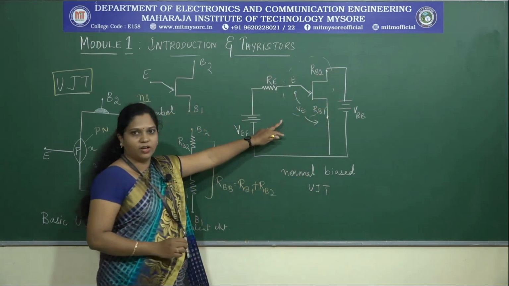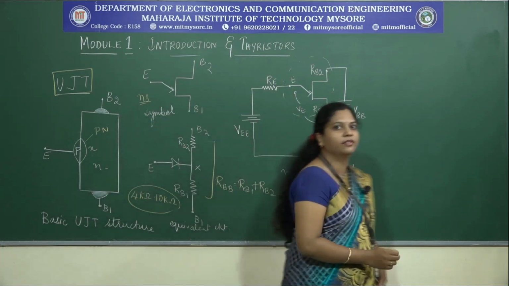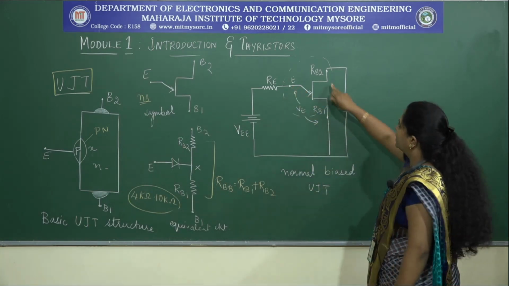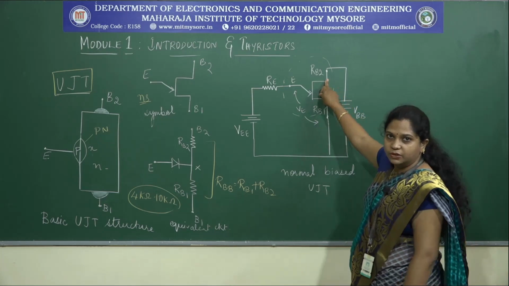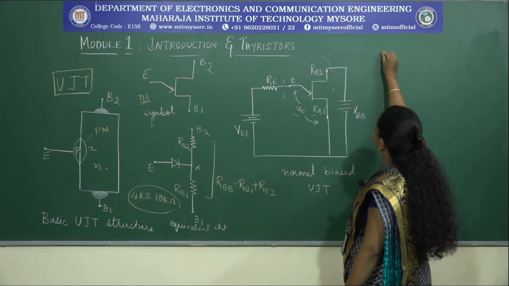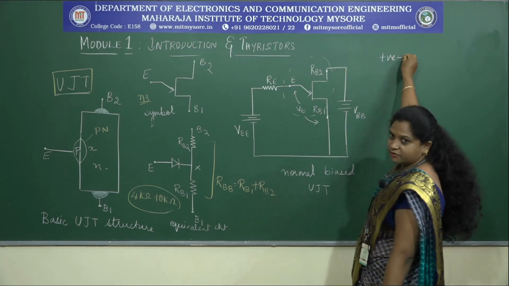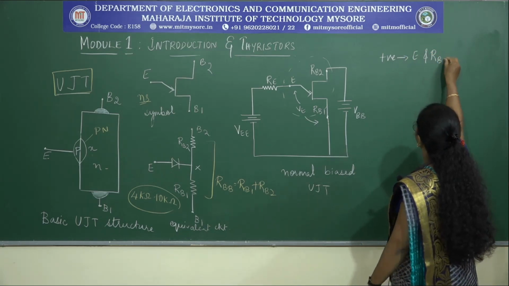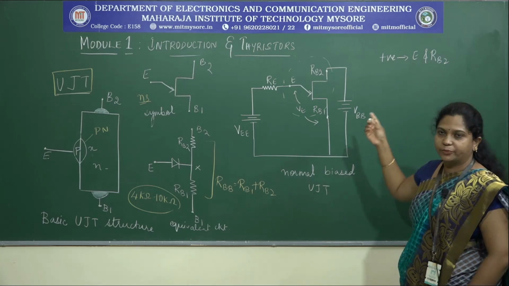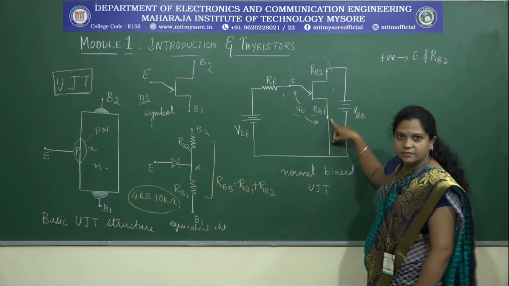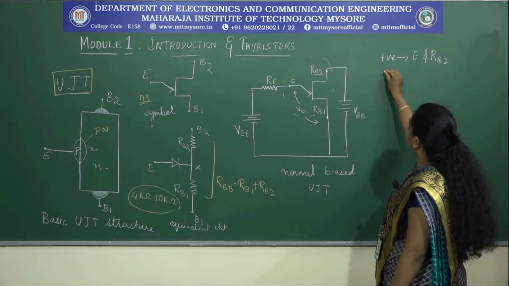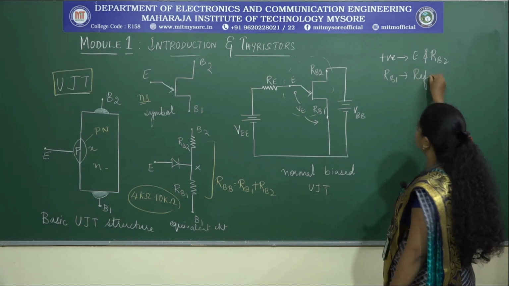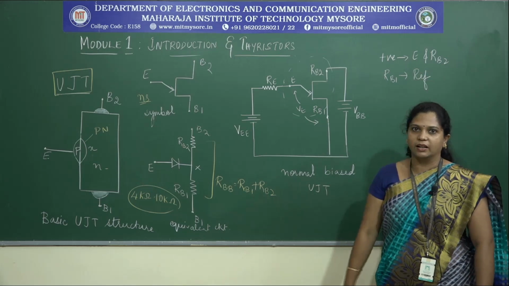When you come across this circuit, you can observe that the emitter terminal as well as the RB2 terminal are always biased to a positive potential, whereas B1, that is RB1, is always taken as the reference terminal.